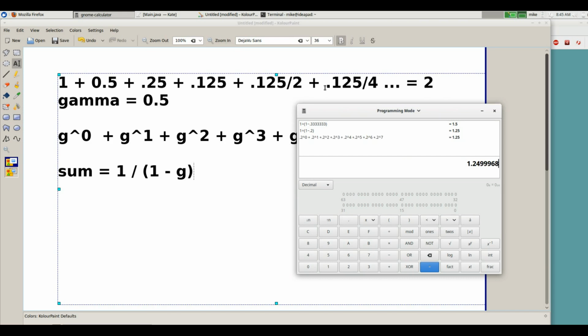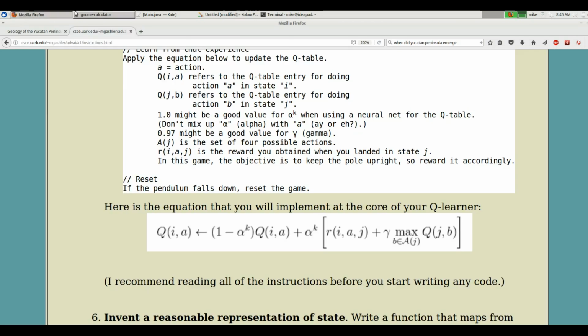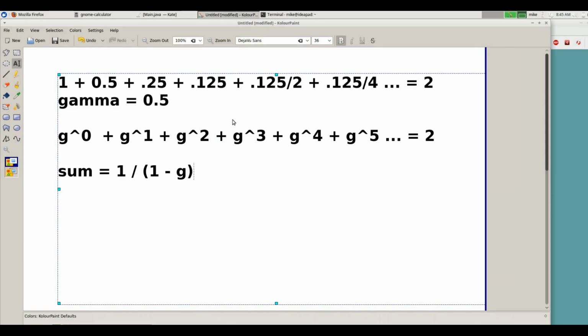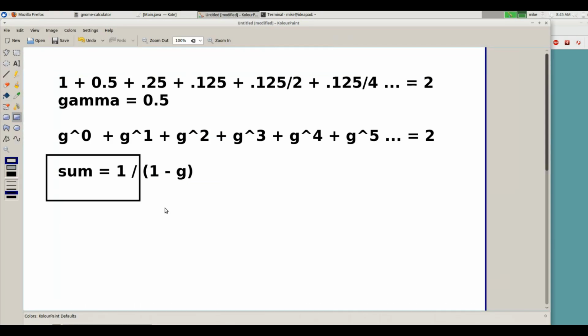So, 1.249968. Do you believe if we kept going that would converge to 1.25? That's as much as I'm going to prove it, but suffice it to say, we've sort of empirically validated that this equation, 1 over 1 minus gamma, is what they'll converge to given enough time, right?